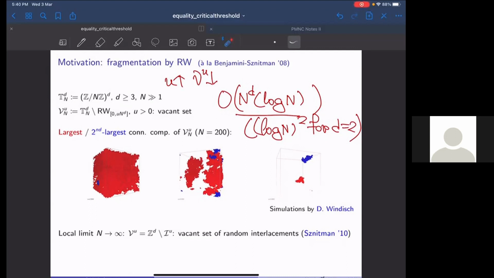So what is the picture that we are seeing here? There's a simulation corresponding to 3 values of U. The leftmost one corresponds to the smallest value of U among the 3, and this one corresponds to the largest among the 3.